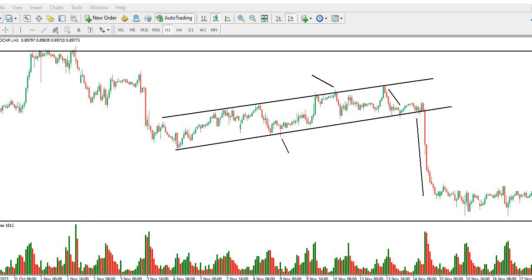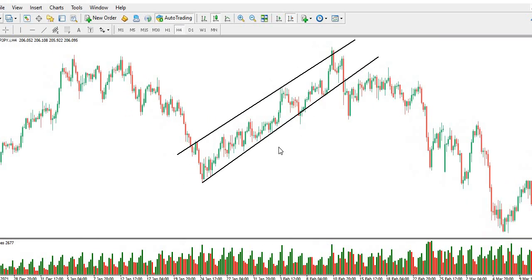Guys, now let me show you another example. We can see the market is forming higher highs and higher lows and higher highs, repeating the pattern till this very point.